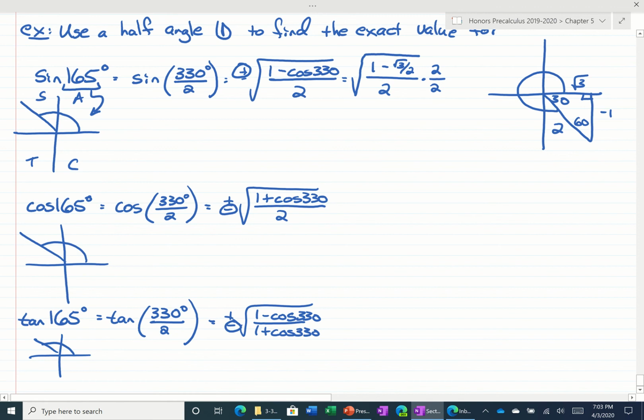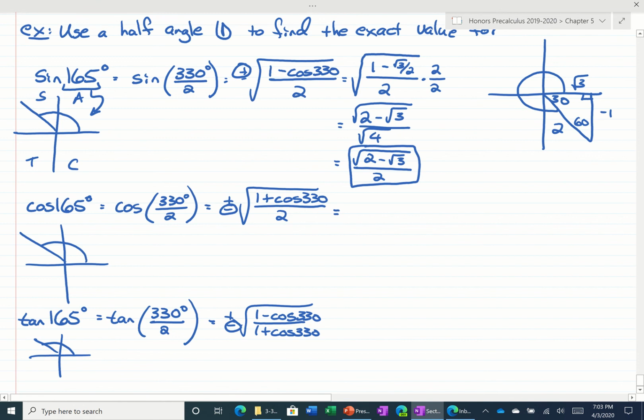We're really just multiplying by a fancy form of 1. What this will give us is 2 minus the square root of 3 over 4 inside of a square root. So we take the square root of the top and bottom. And this just turns into the square root of 2 minus root 3 over 2. That would be the final answer for the sine part.